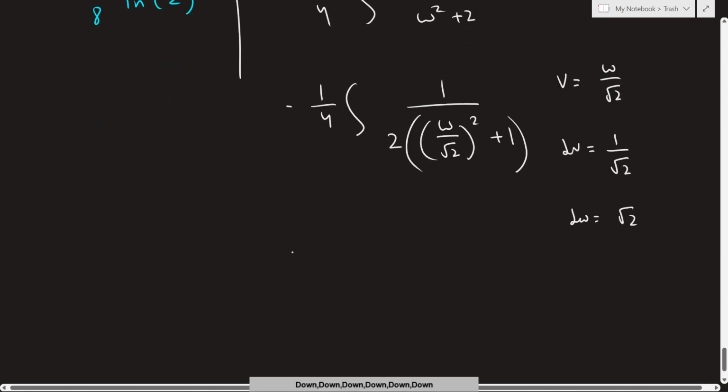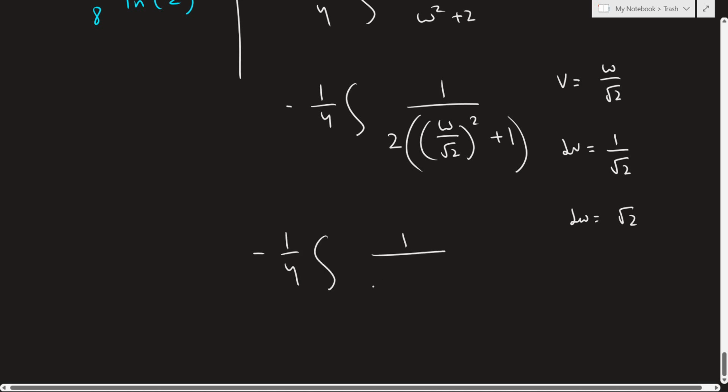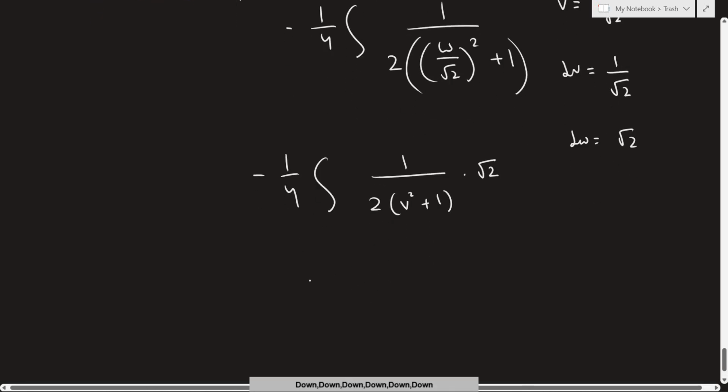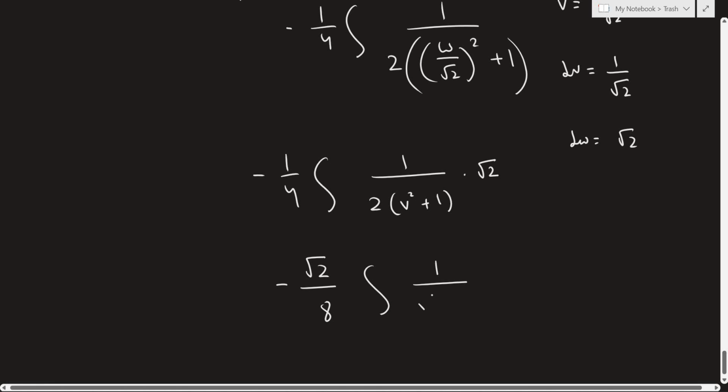So what we have is negative 1 over 4 integral 1 over 2 times v squared plus 1 times radical 2. We can take radical 2 outside, and this 2 as well. So that's going to be negative radical 2 over 2 times 4, 8, and the integral of 1 over v squared plus 1.